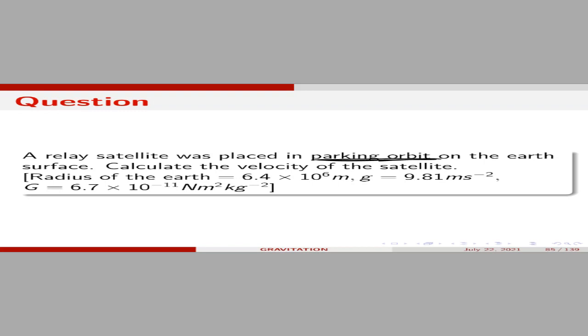When the satellite rotates with the same speed and direction as that of the Earth, then we say it is in a parking orbit. So what does it tell you here? If the question is saying the satellite is placed in a parking orbit, what is it implying here?